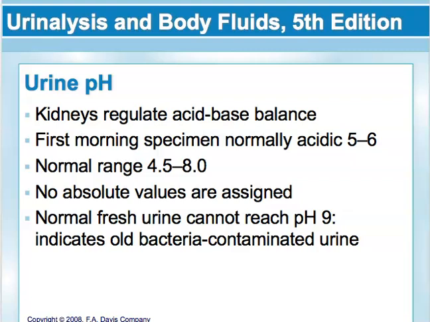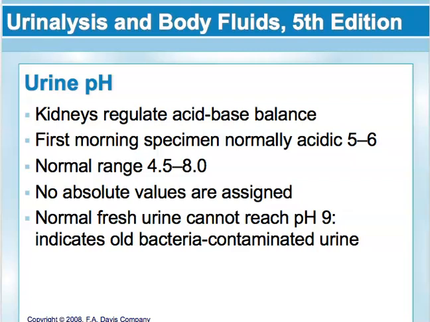Your book states that normal fresh urine cannot reach a pH of 9.0, that it indicates an old bacterially contaminated sample, but I'll share with you something that has changed my view on that.